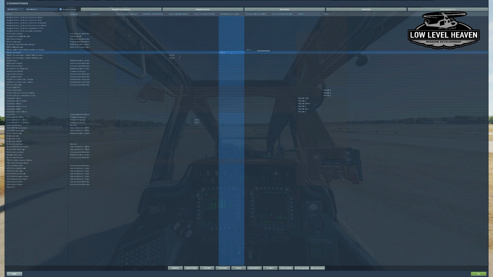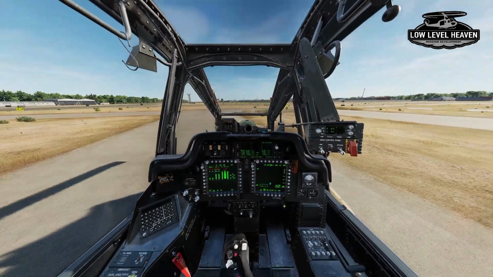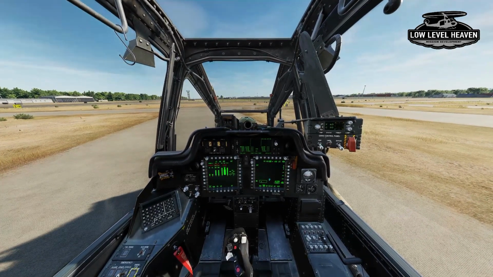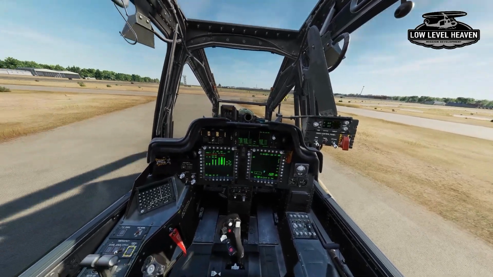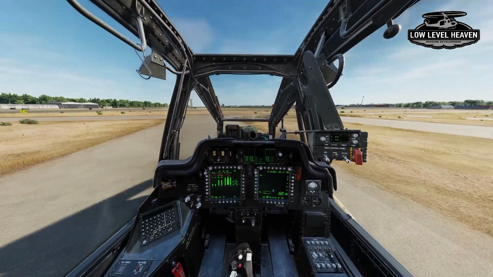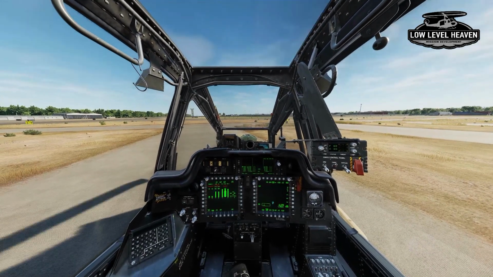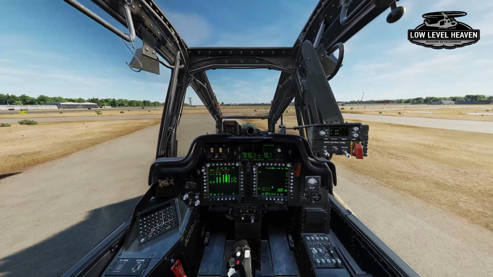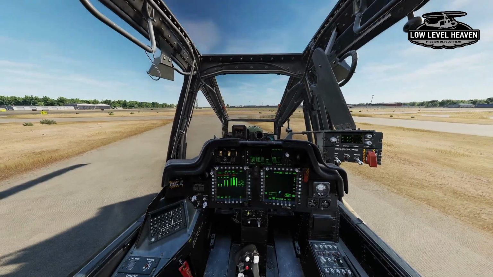Many of you will think it's the problem with the cyclic stick, but actually it is not. It is the tail rotor that produces the problems. So if you do changes according to mine, or you do some adjustments in accordance to the controls you use, it may be a good idea to do so, and it makes it a lot easier to hover the Apache.